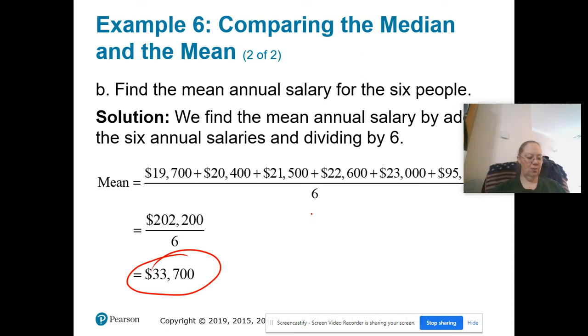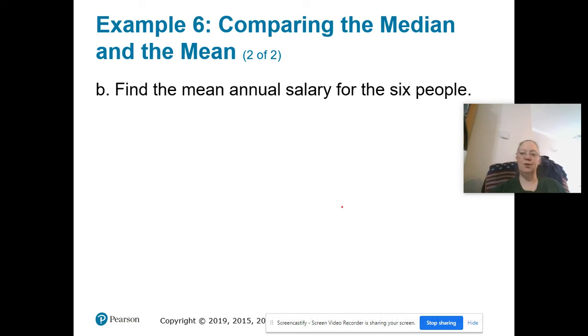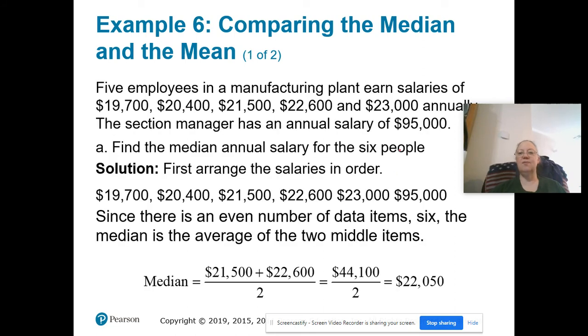Why is this so far outside of what's really happening with the average person? It's because of what we call an outlier. It's because of this guy right here. This 95,000 is way, way, way outside of what the rest of the people are making. And so it artificially inflates the mean so that it doesn't really represent anybody.